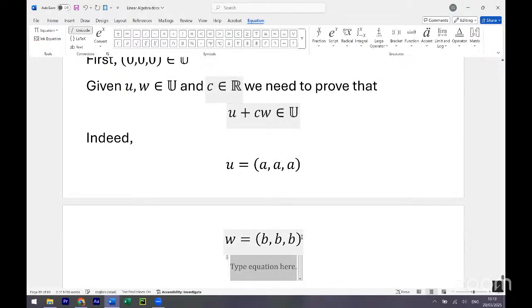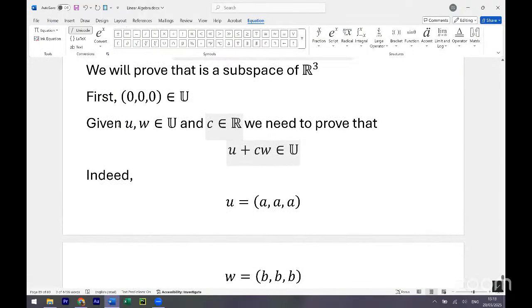The frame of proving something is a subspace is always the same. Let's say we're given two vectors from the subset, and we need to show their linear combination remains within the subset.